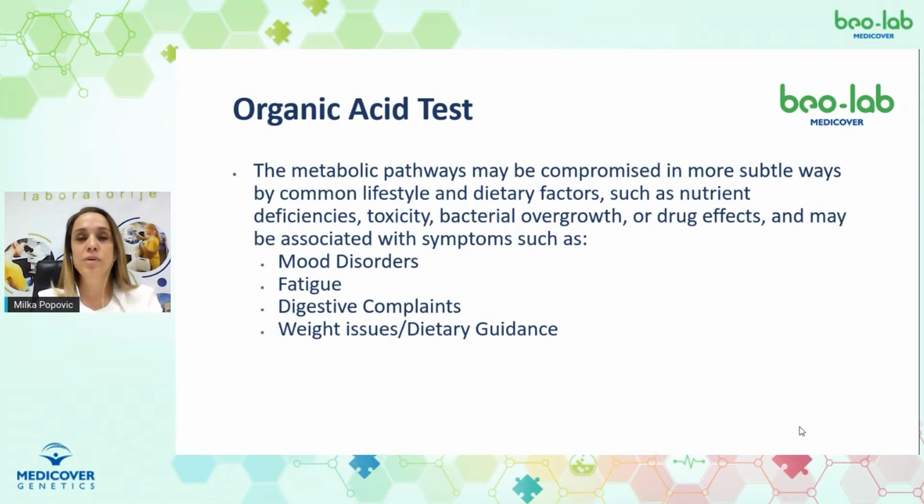These metabolic pathways can be compromised in other ways, so it does not necessarily have to be a genetic error. It can be brought on by common lifestyle factors, such as dietary habits, nutritional deficiency, toxicity, and bacterial overgrowth, causes that can be shown by this test, which usually shows itself from the GI, gastrointestinal tract.